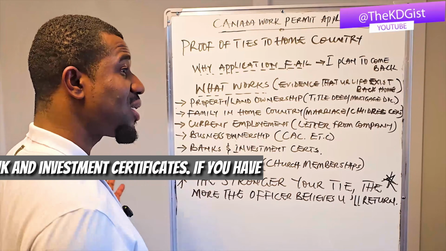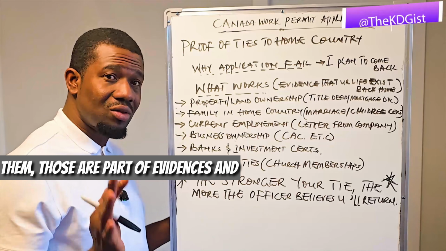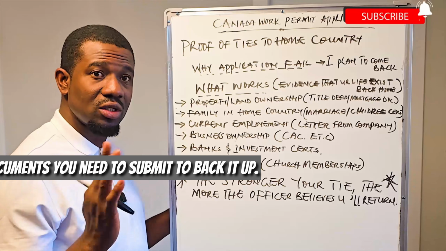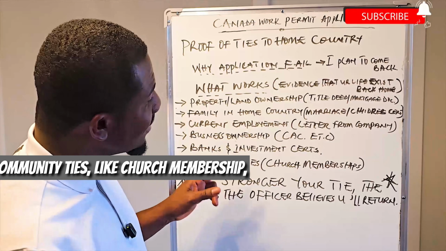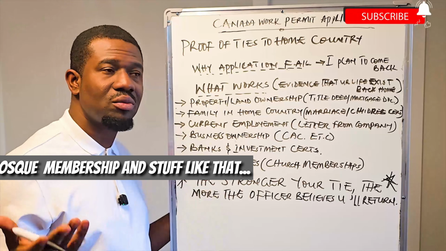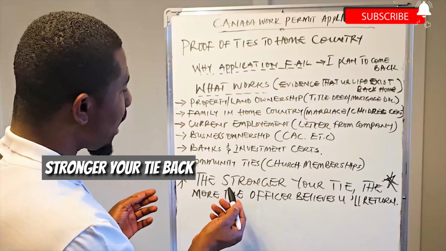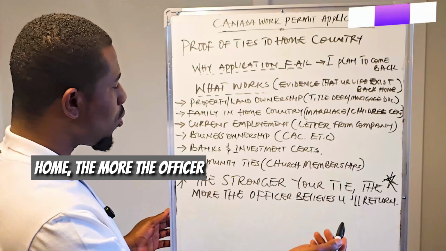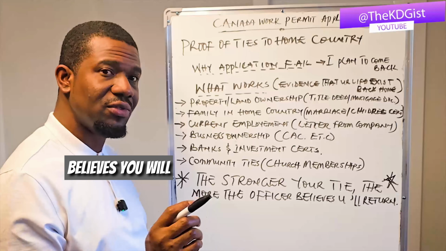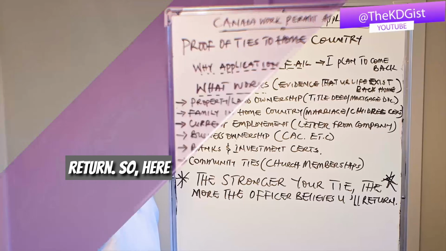Bank and investment certificates are also part of the evidence you need to submit. Community ties like church membership, mosque membership, and so on. The stronger your tie back home, the more the officer believes you will return.